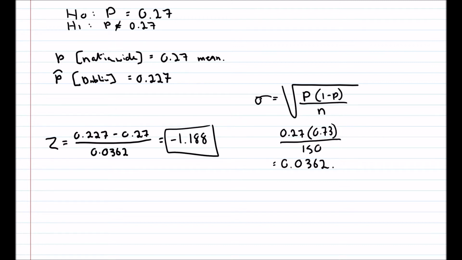There's my important number. I see if minus 1.188 lies between minus 1.96 and plus 1.96.